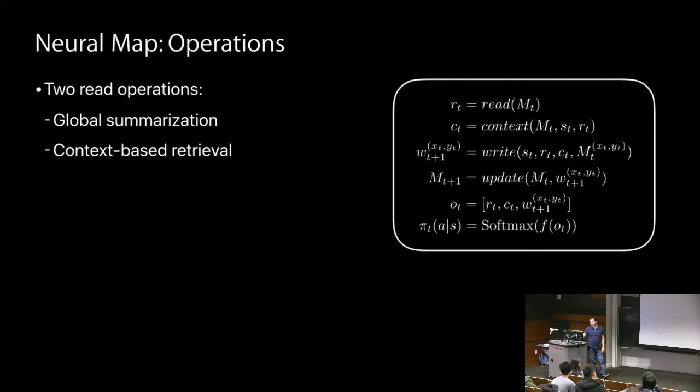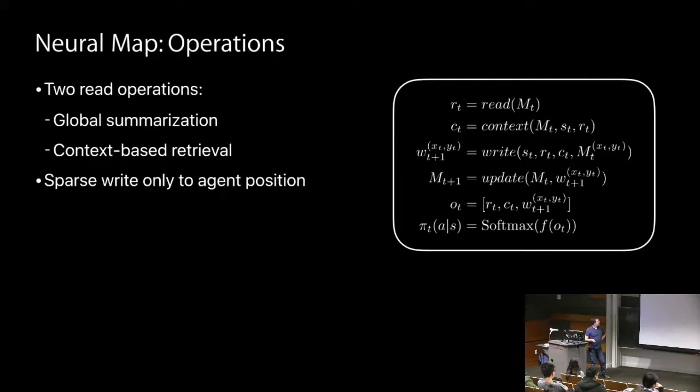So there are two read operations. There is a global read, which is just the global summarization of the entire memory, and there is a context-based retrieval, which is, depending on what you're seeing right now, you're trying to retrieve that.